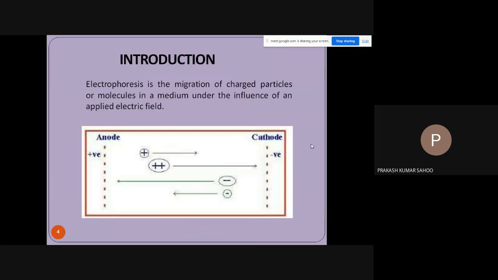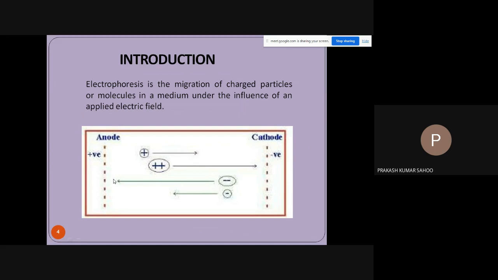This is the migration of charged particles or molecules in a medium under the influence of an applied electric field. This is the anodic end, the positive end, and the cathodic end, the negative end. The positive charge is known as cations, and cations move towards the cathode.